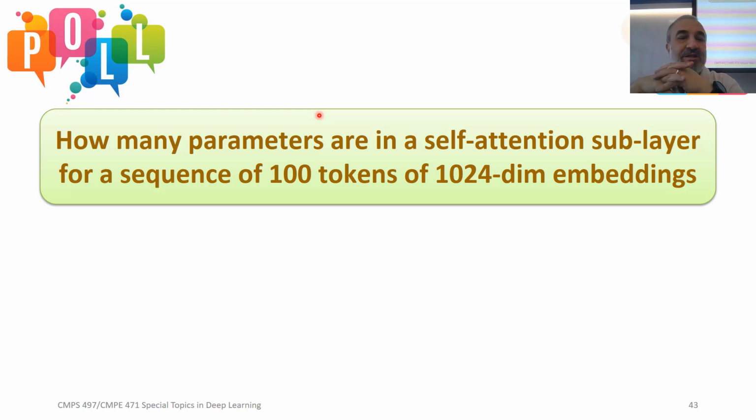So we don't care if that 100 was 1,000 or 1 million, we will have the same number of parameters because they are shared. That's one of the reasons I gave you this question, to show you that it doesn't depend on the number of tokens. Any questions on that? Was that clear?